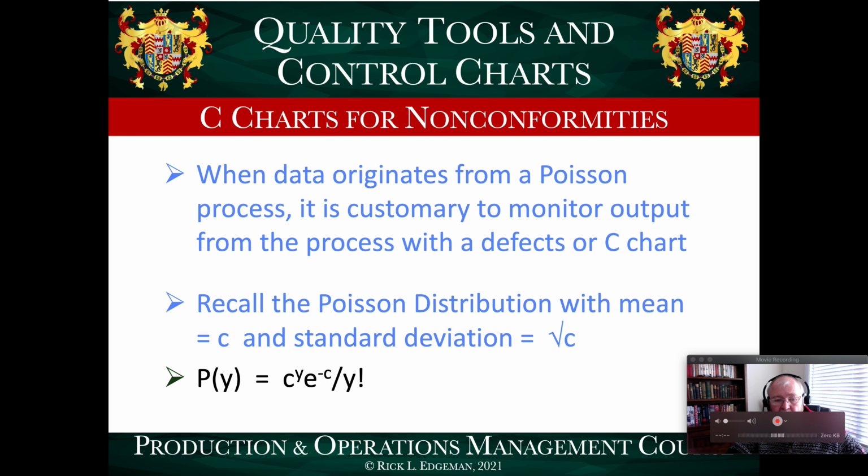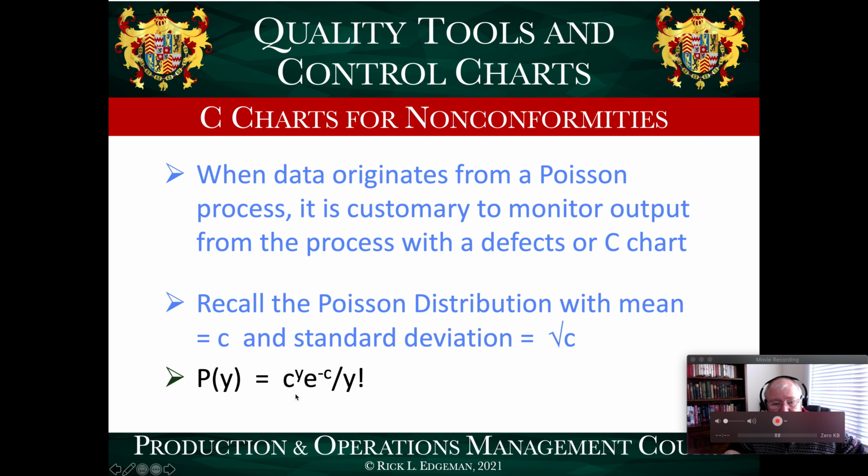Okay. Now, there's the formula for the Poisson probabilities. If you want to calculate those, you're not going to have to use that formula for a C-chart. You just need to know the results. But this says that to calculate the probability of any specific number of scratches, non-conformities, on the surface of this mobile phone, the probability of 3 scratches would be c cubed times e to the minus c divided by 3 factorial.